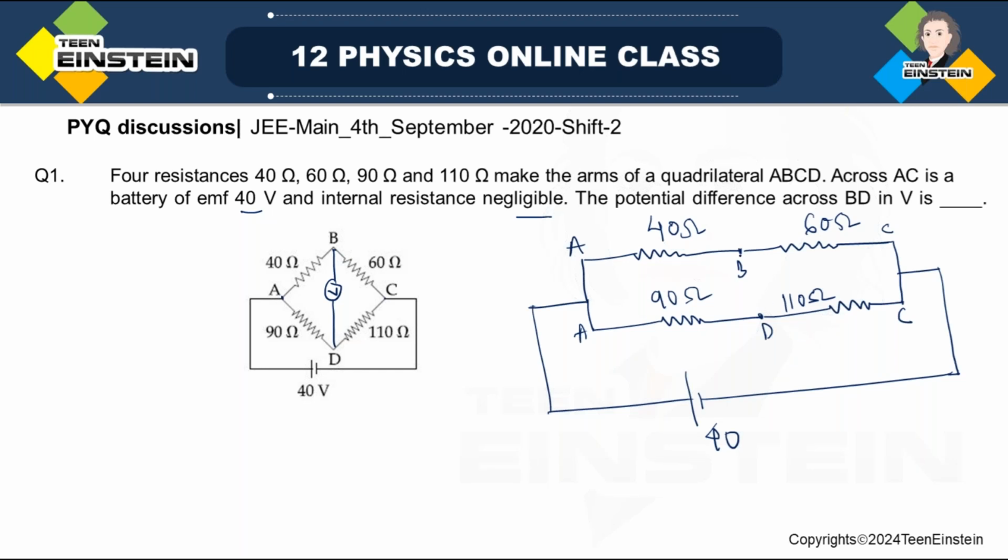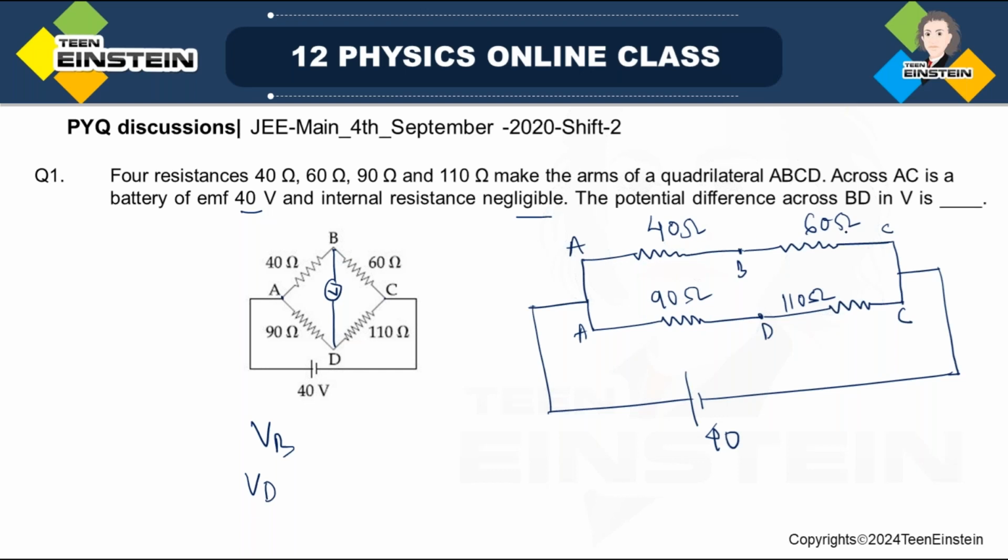So what is the potential difference between these? That means you have to find out what is VB and what is VD. The voltage across AC is 40 volt for both arms.